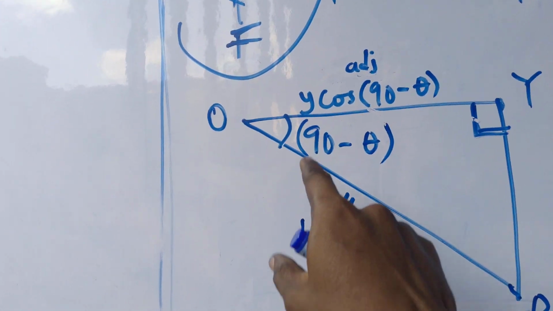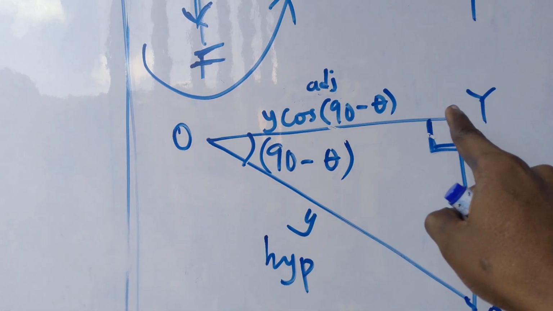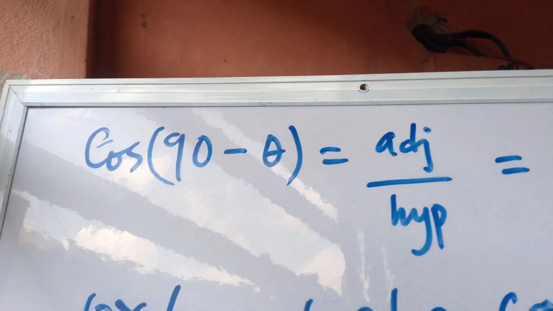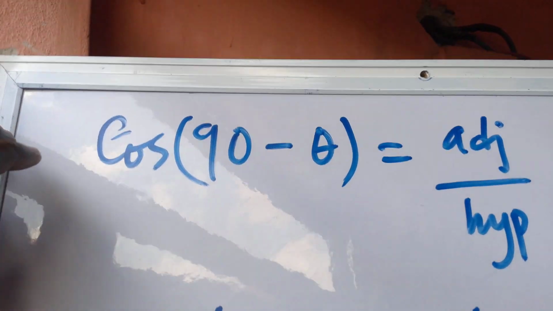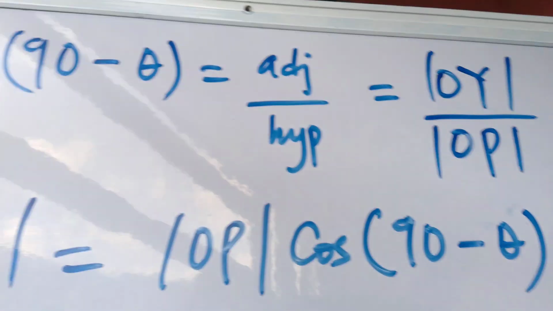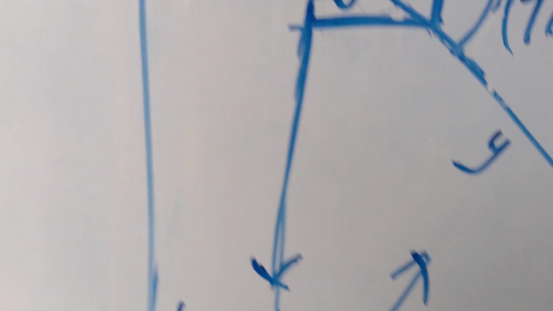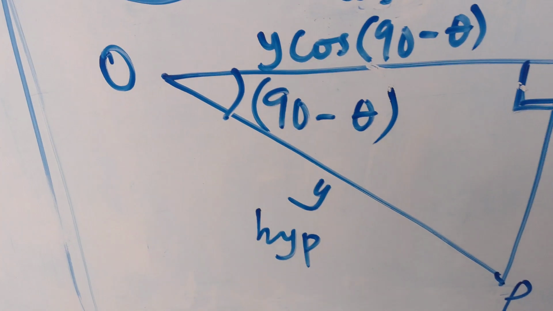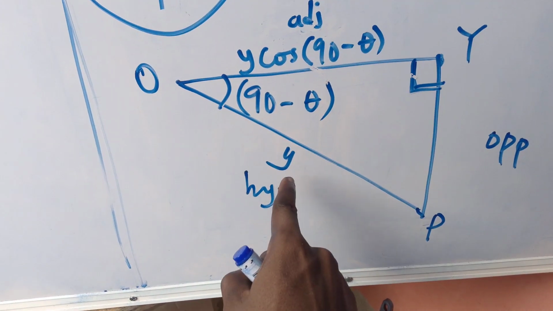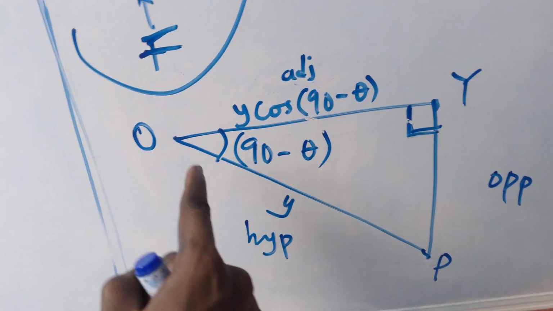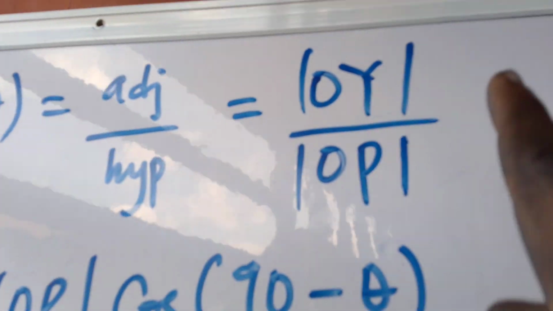When we did the resolution of the force, we had here y cos 90 minus theta, adjacent to hypotenuse, using the trig ratio. So we're using cos. Cos 90 minus theta will be the adjacent side over the hypotenuse. The adjacent side is distance OY, and the hypotenuse is y, so it is OY over OP.